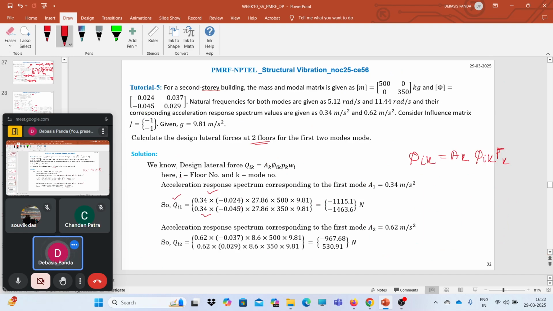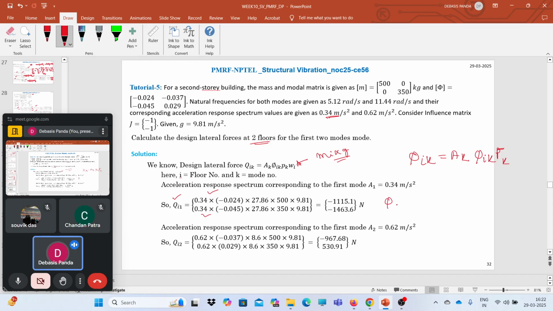You just need to use the information like A1 is given 0.34. This is nothing but the spectral acceleration, and your W_i is nothing but M_i into g. So you just need to fill up all this equation and solve it.